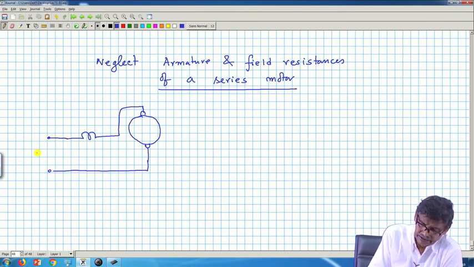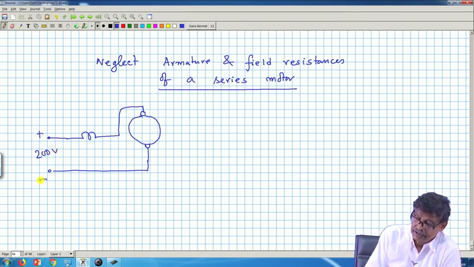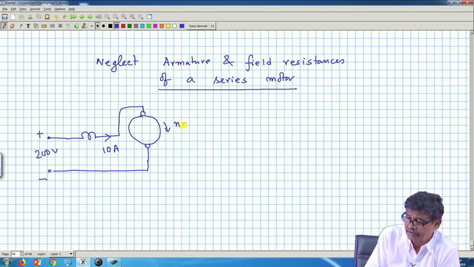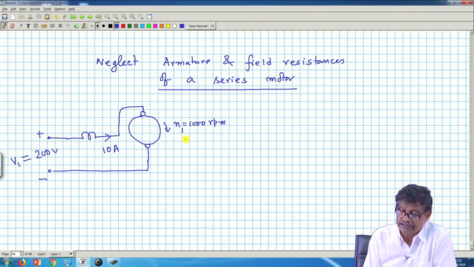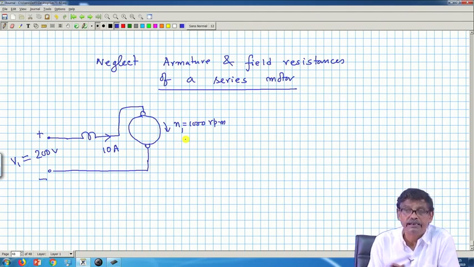and I say that you have applied 200 volt plus minus, and it was seen drawing a current of 10 ampere and running at a steady speed of say 1000 rpm. So, this is N 1 and this is V 1, applied voltage, 10 ampere like that.